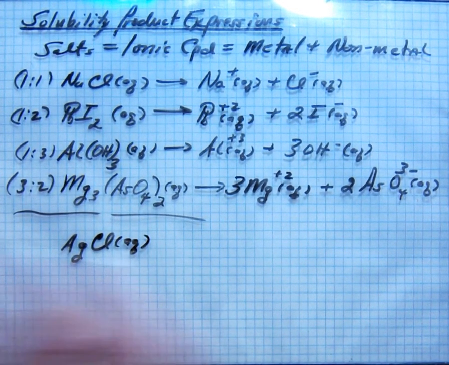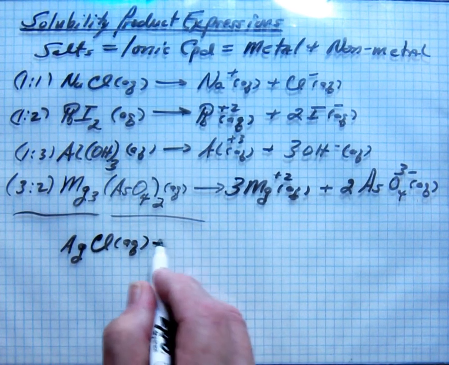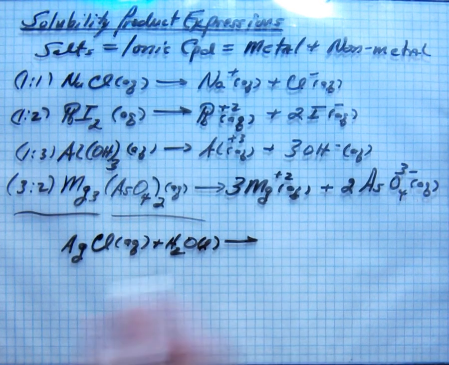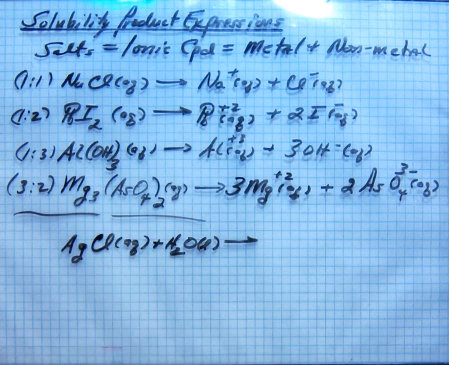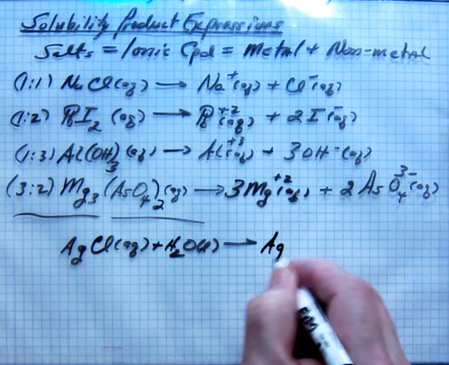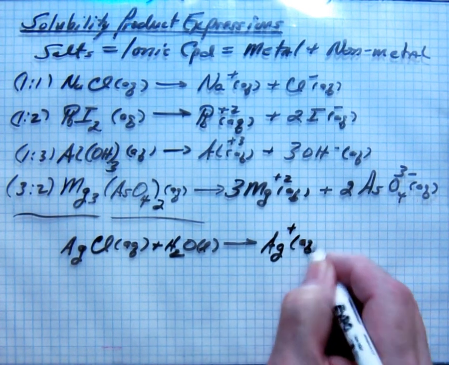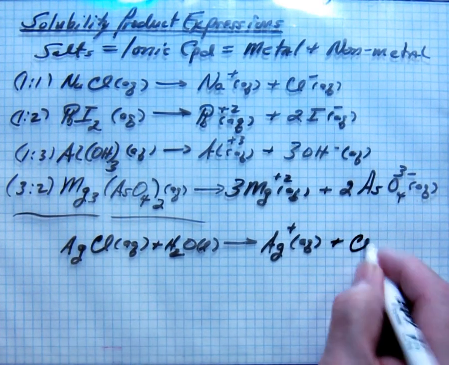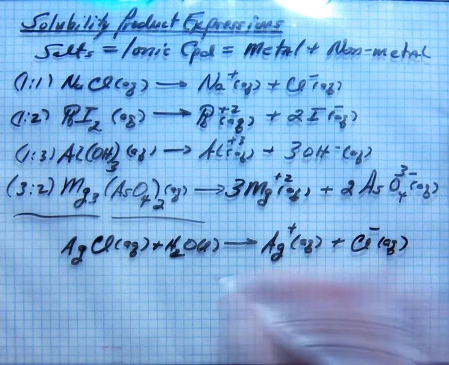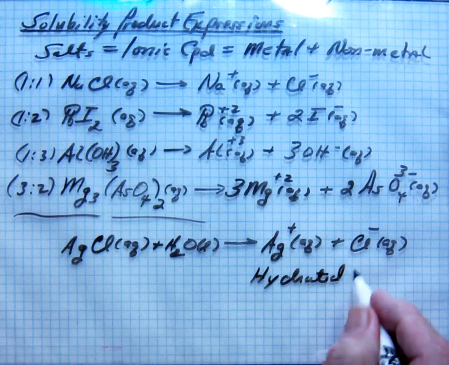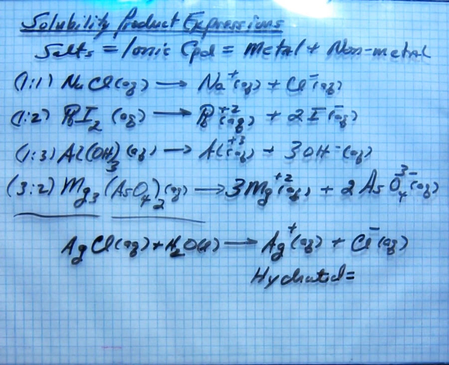aqueous means that you're going to put this in water, liquid. And what's going to happen is the silver and the chloride are going to become hydrated, and you will have a silver 1+ aqueous and a chloride 1- aqueous, and these are hydrated, surrounded by water, coordinated with water.